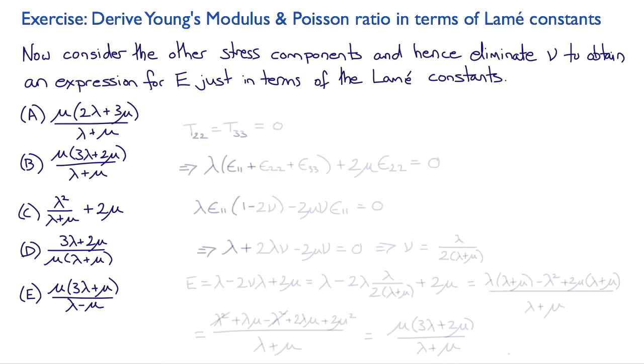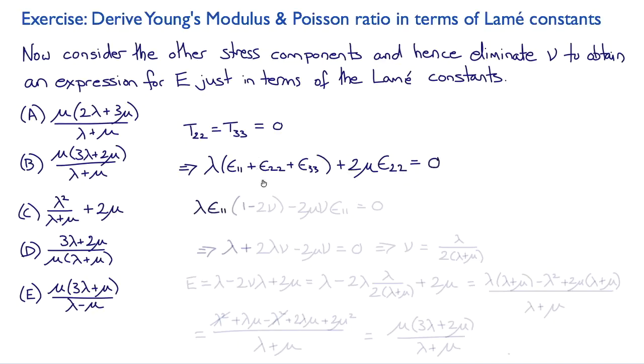So now we make use of the fact that the normal stresses perpendicular to the axis of the tension, T22 and T33, are equal to 0, which gives us from the isotropic Hookean elastic solid's constitutive law that lambda times (epsilon 11 plus epsilon 22 plus epsilon 33) plus 2 mu times epsilon 22 or epsilon 33 is equal to 0.